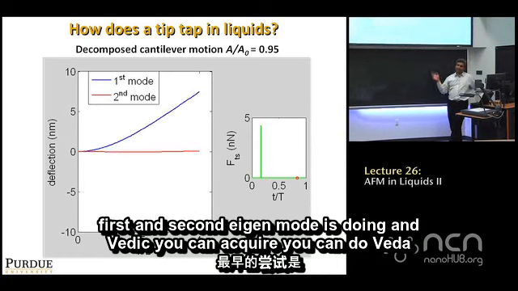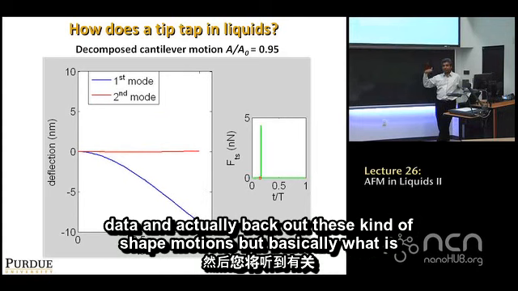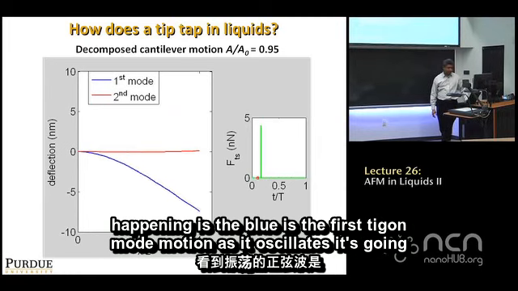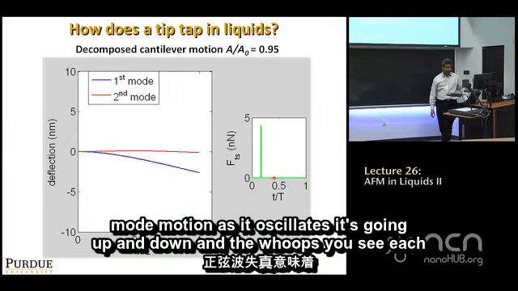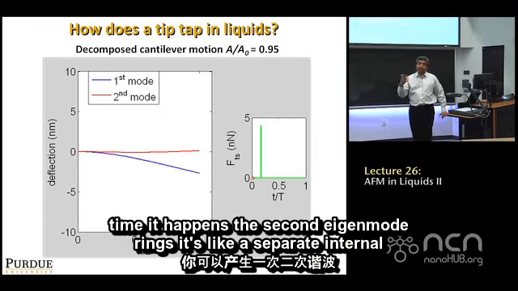And with Veda data, you can actually back out these kinds of shape motions. Basically, the blue is the first eigenmode motion. As it oscillates, it's going up and down, and you see each time it happens, the second eigenmode rings. It's like a separate internal degree of freedom.